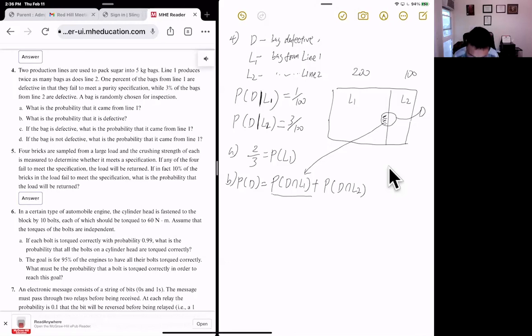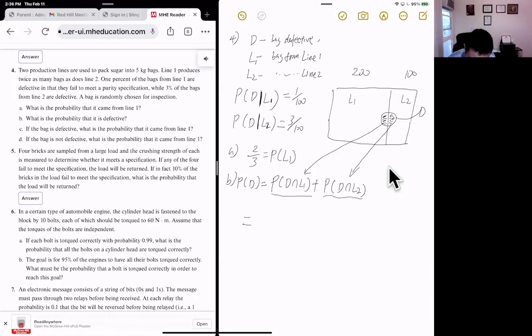Plus P(D and L2), which is this half, or almost half, circle. This part is the probability it is defective and coming from L2, the intersection of D and L2. So how do we figure out that part? We can use conditional probability.